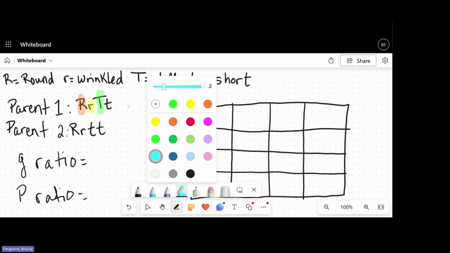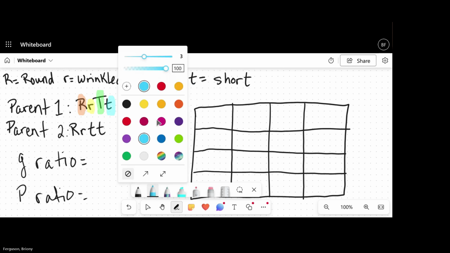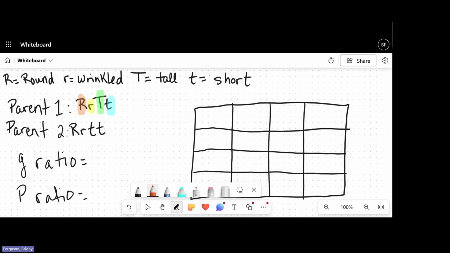So we're going to pair them up. We're going to do this by taking this first R, this orange one, and pair it with each of the T's.